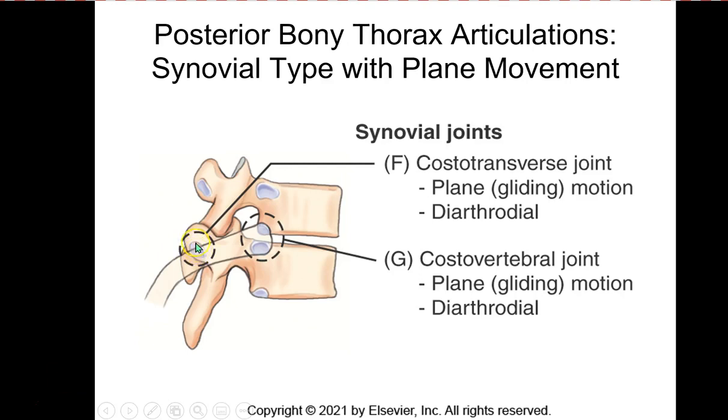So the 11th and 12th rib do not have the costotransverse joint. The costovertebral joint, of course, is present in all 12 ribs. Okay, now all of this information is summarized for you in a chart in your textbook, but I need you to know the difference between the costotransverse joints and the costovertebral joints.